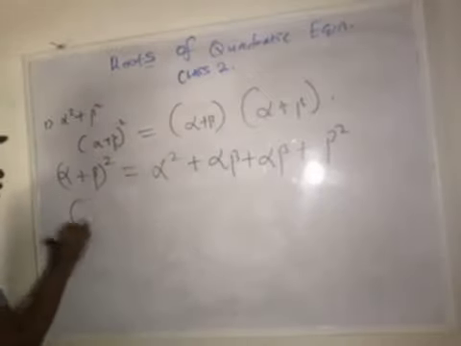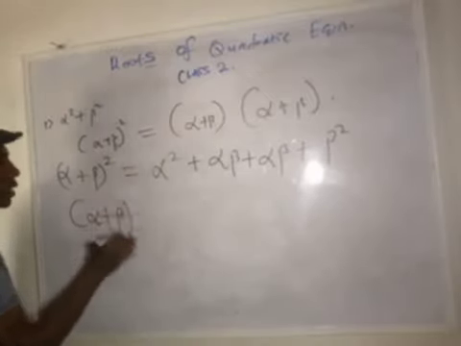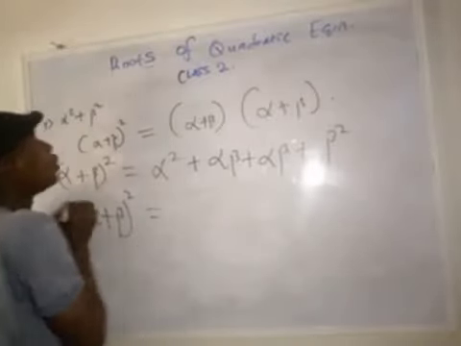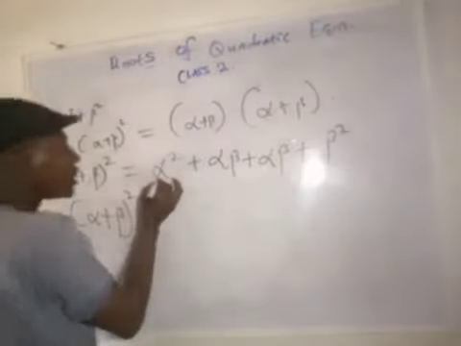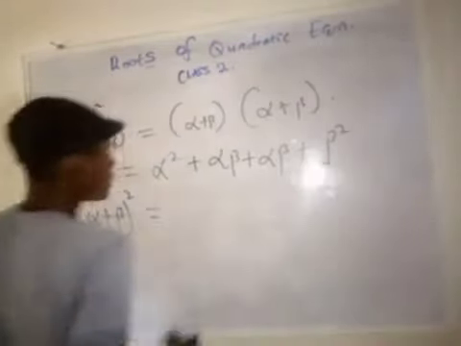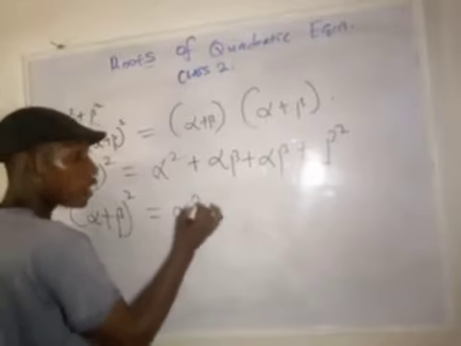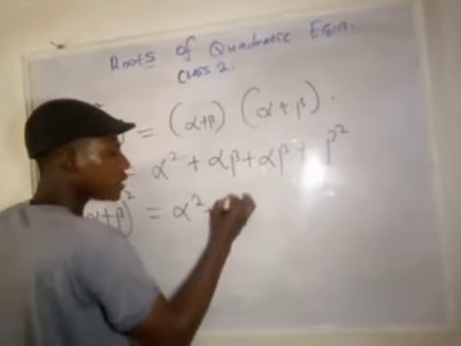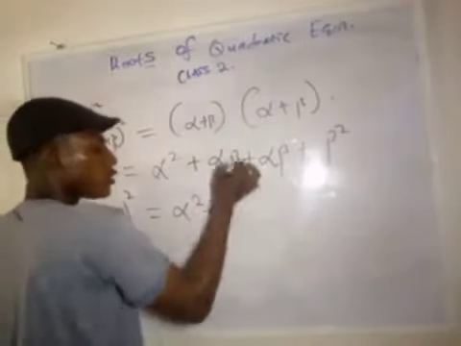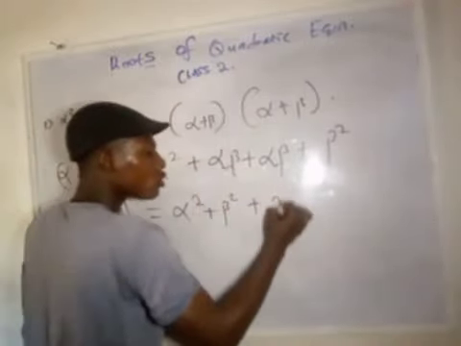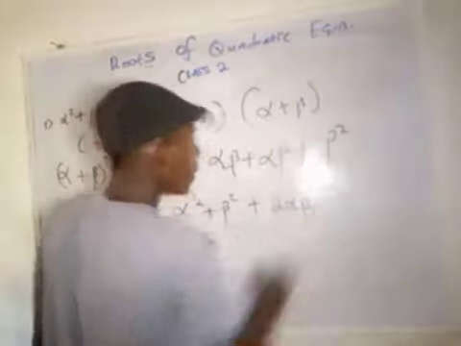And therefore, alpha plus beta squared will now be equal to, now look at what we are looking for. We are looking for alpha squared plus beta squared. So this is alpha squared and this is beta squared. Let's put it together: alpha squared plus beta squared. Now, this is alpha beta and alpha beta. If you add these two together, I'm going to get plus 2 alpha beta.